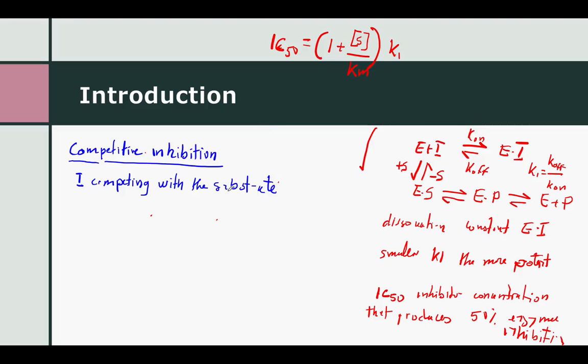So the inhibitor is going to bind at the same place where the substrate binds. It's either going to block access to the active site, or it can also remove the substrate from the active site.